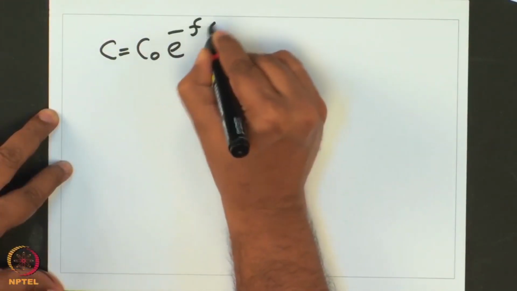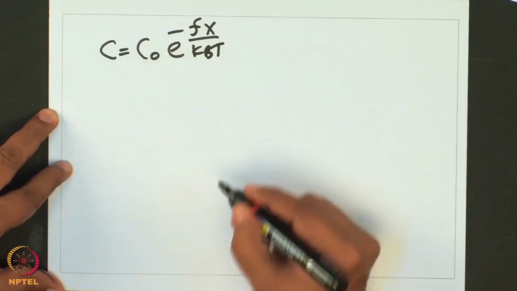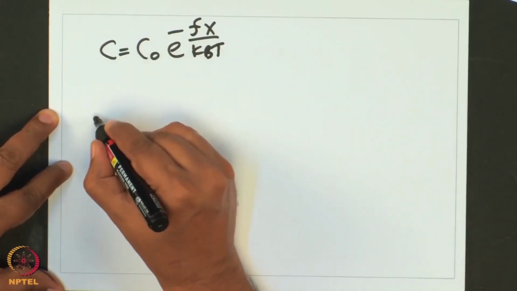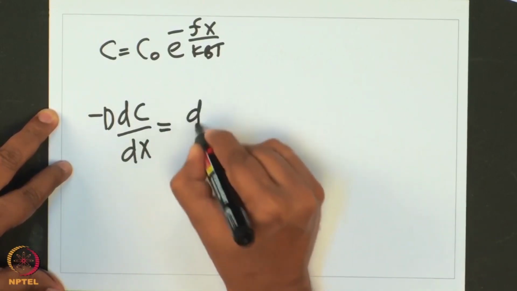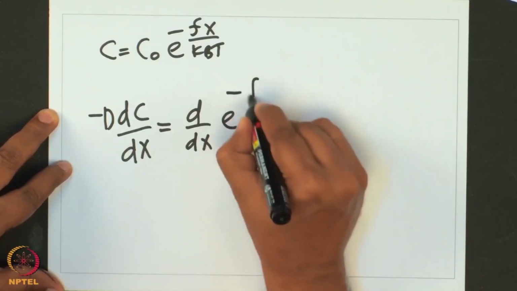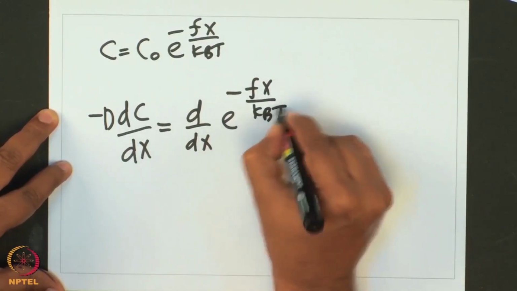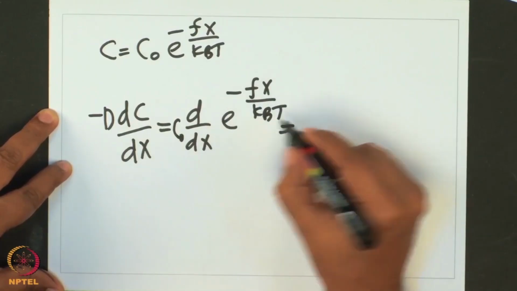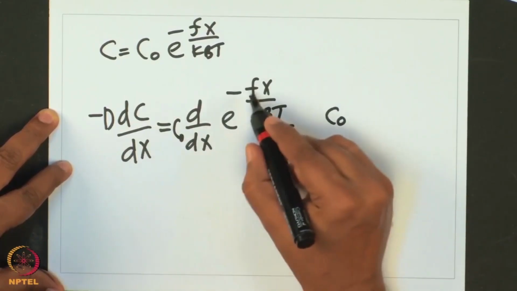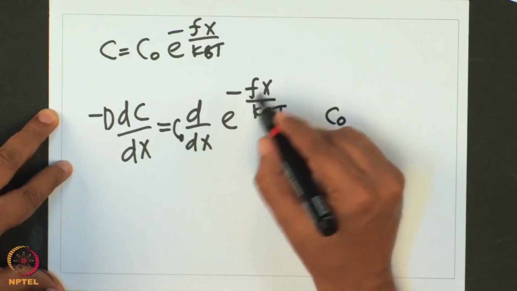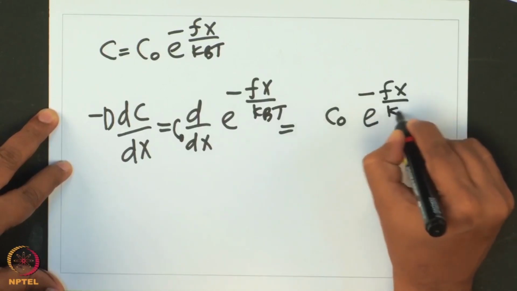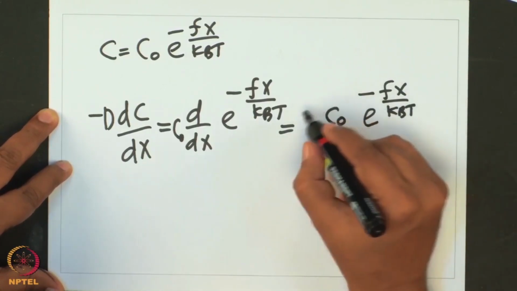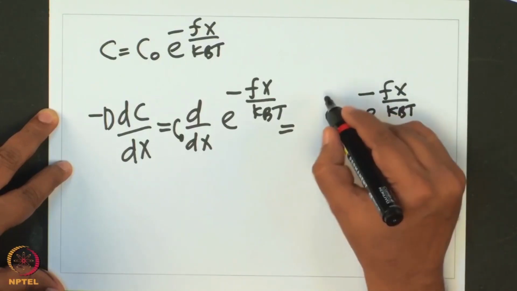What we know is that C is C0 e power minus Fx by kBT. Minus D dC by dx would be d by dx of e power minus Fx by kBT, and there is C0 here. The derivative of this would give you e power minus Fx by kBT, and a factor of minus F by kBT will come.